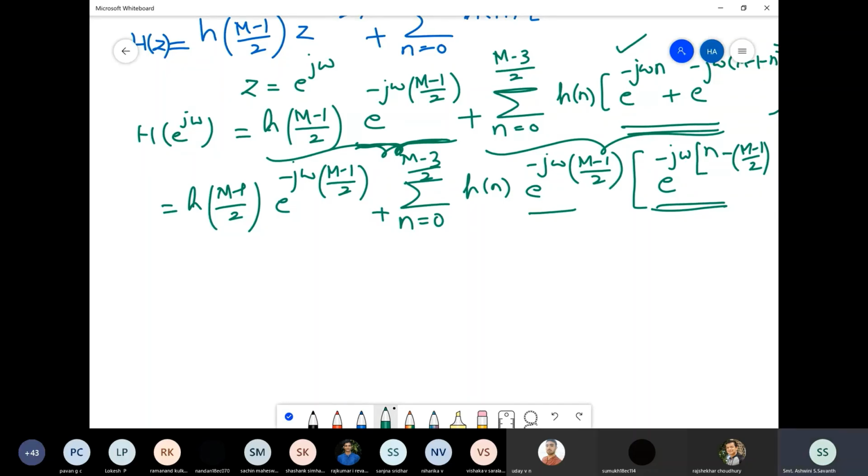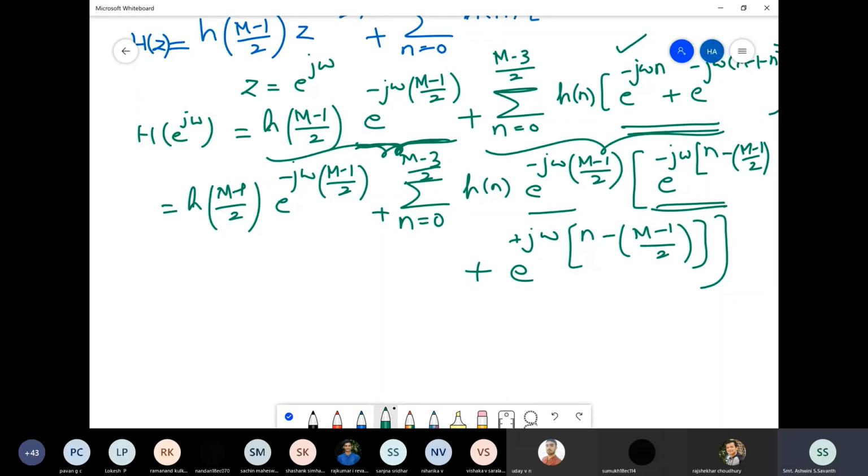And in the second term it will become plus here now, because in that m minus 1, let's take out m minus 1 by 2. So n minus of m minus 1 by 2, e power plus j omega.